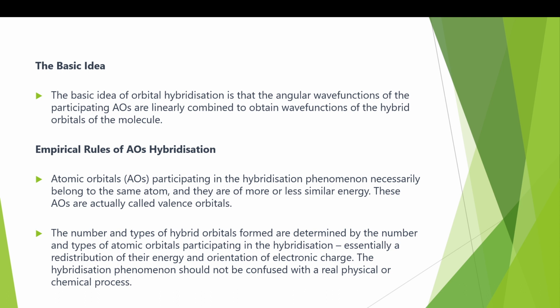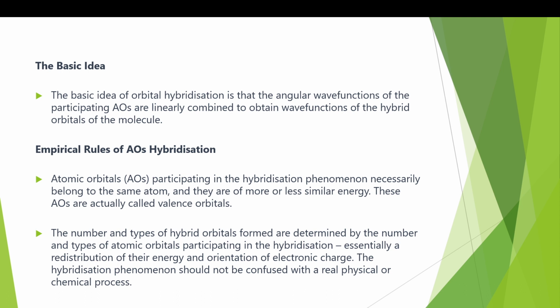The number and types of hybrid orbitals formed are determined by the number and type of atomic orbitals participating in the hybridization process. This process is essentially the redistribution of energy and orientation of electronic charge.